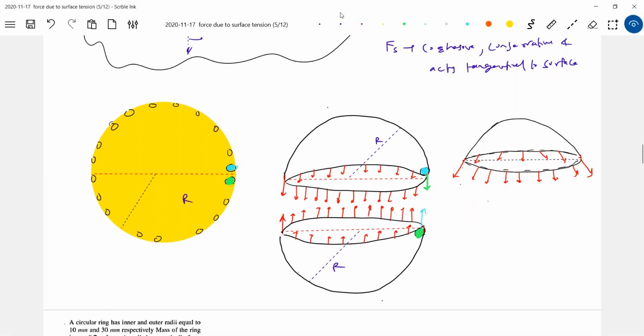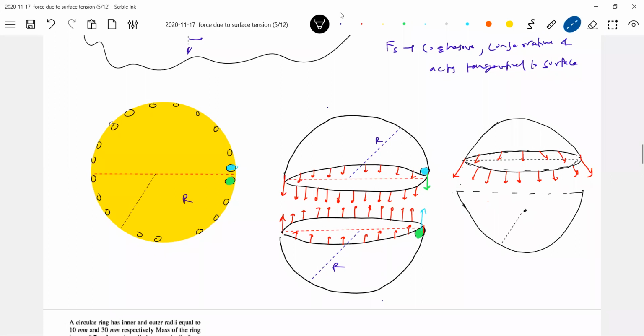What about the remaining part? The remaining part will be like this. It should be, I think, a bigger one. We are going to get problems of this kind. This is the radius.